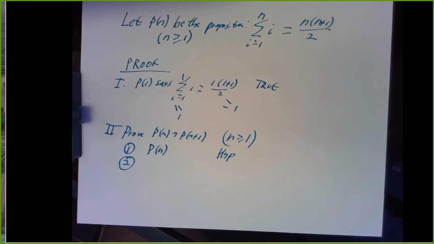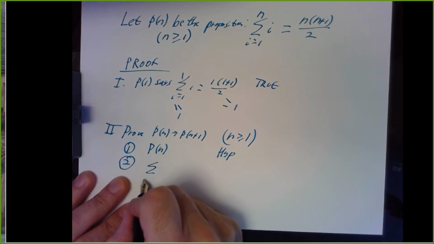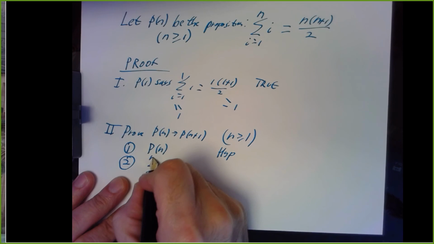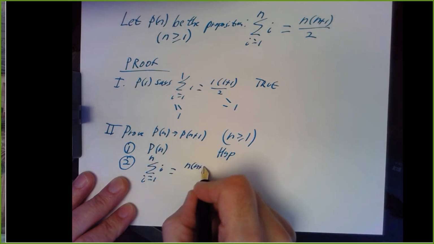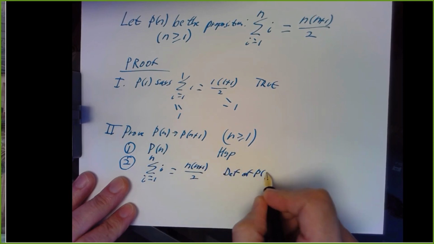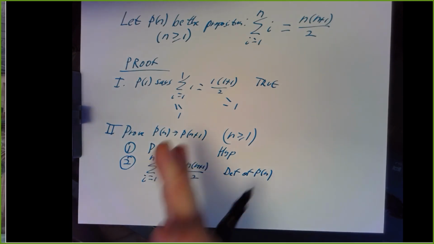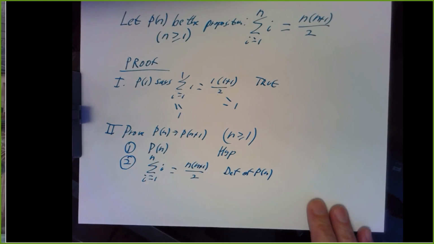Well, there's really nothing else we can do, but we could write down what P of n is. So let's do that. Since P of n is true, the sum from i equals 1 to n of i is equal to n times n plus 1 over 2. Why? Because that's the definition of P of n, and we just stated that P of n was true. And now we got some formulas and some Greek symbols, and we're rocking and rolling now. We can do stuff with this. There's enough here to manipulate.